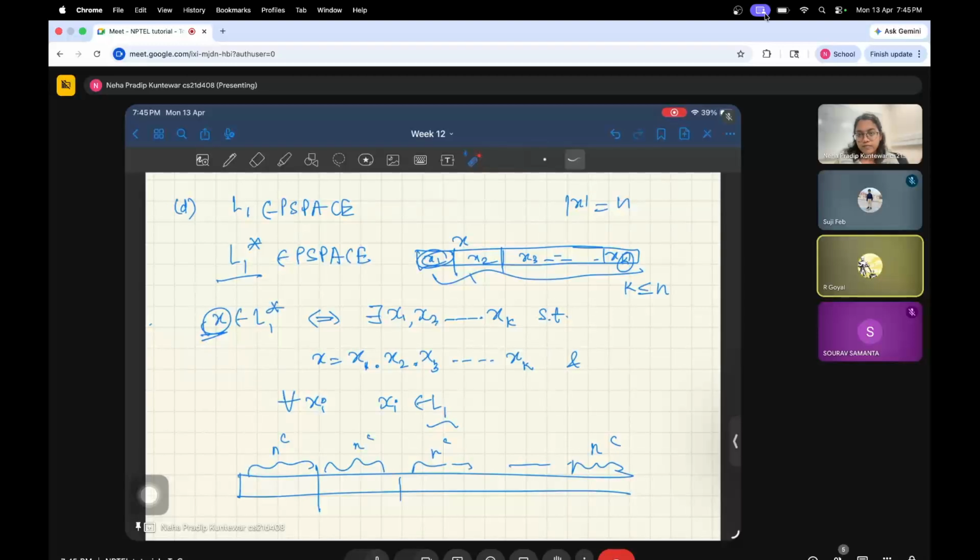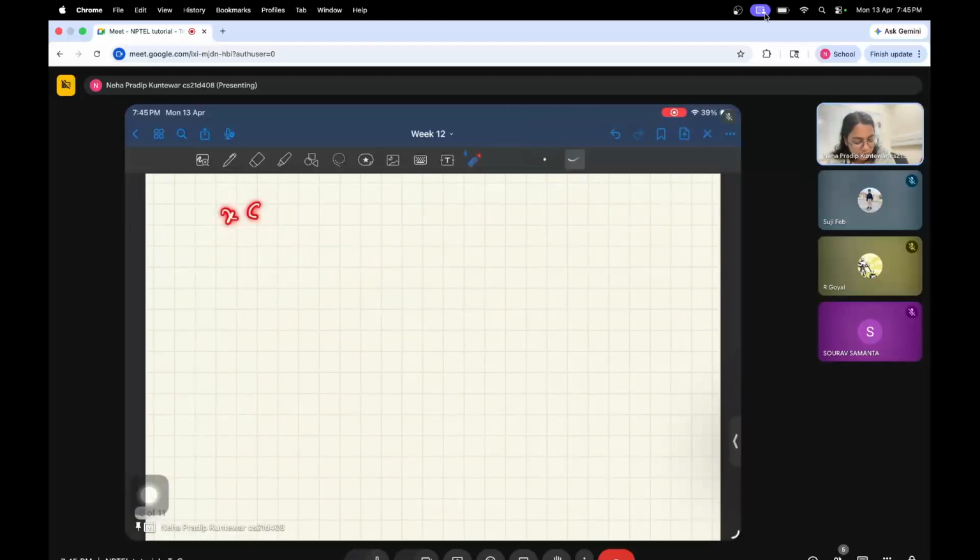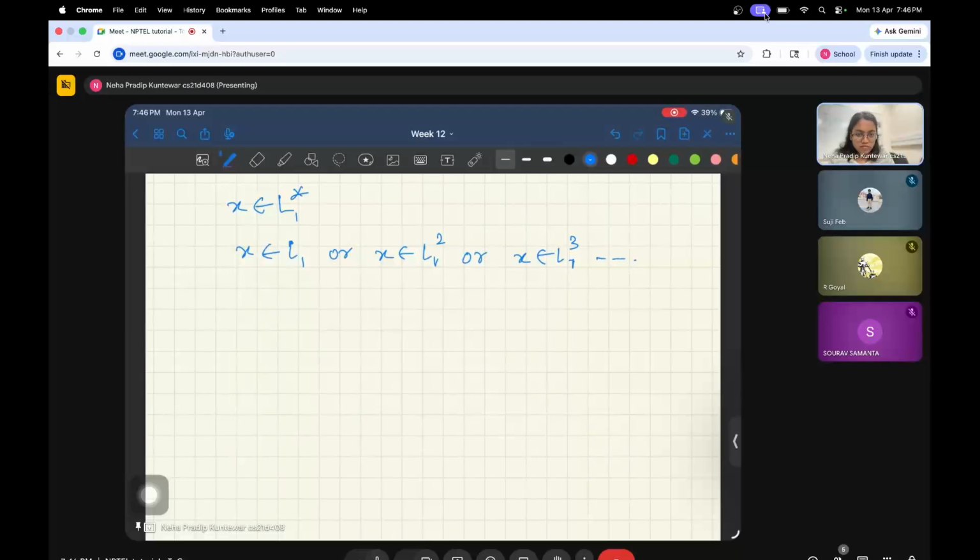So if x is in L1 star, then x is in the union: either x is in L1, or x is in L1 square, or x is in L1 cube and so on. That's your point, right? It's in one of these. Yes. If we are talking about just L1, then this is trivially easy to check.